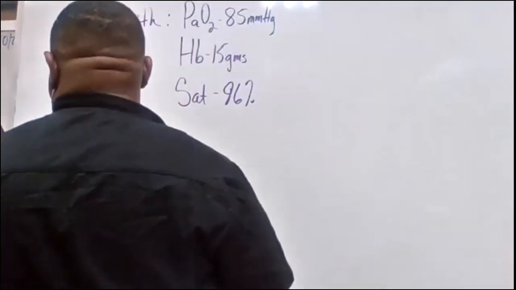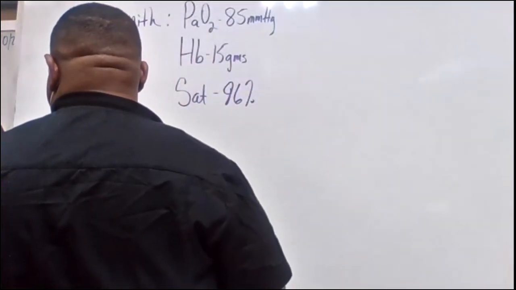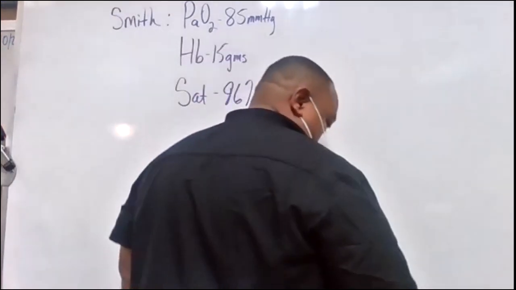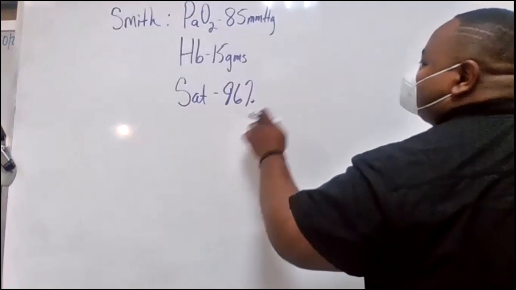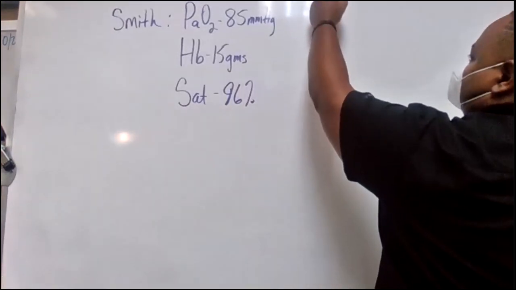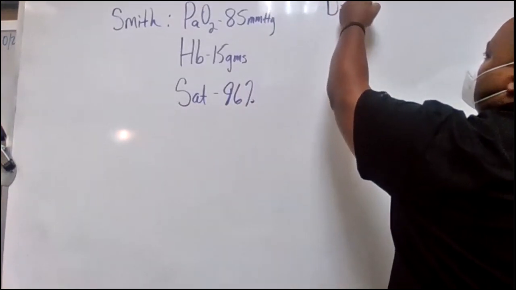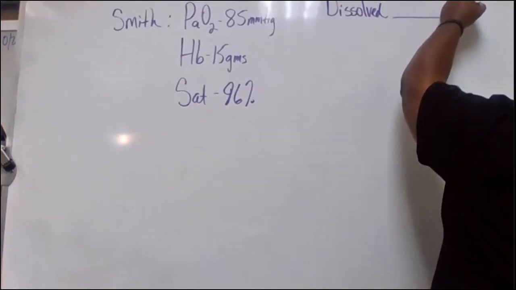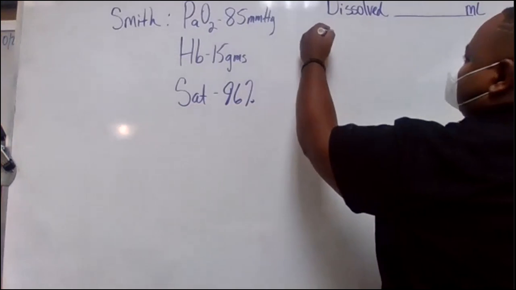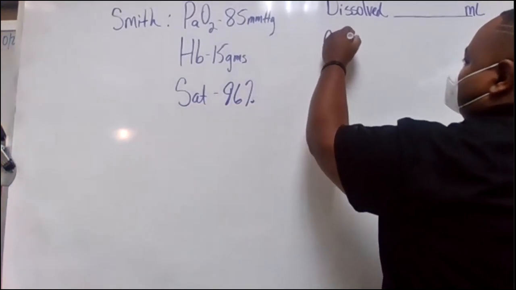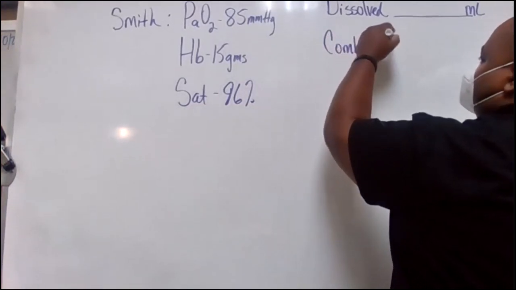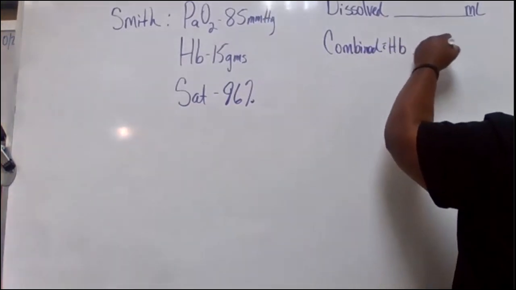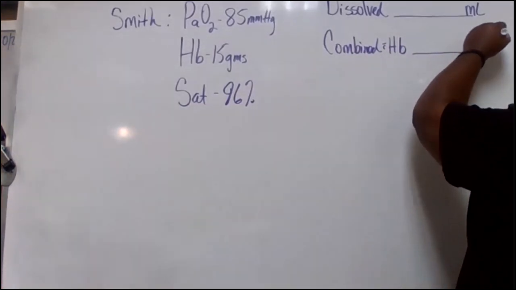Okay, so I want to know how much oxygen is dissolved in plasma, which is in mLs. How much is combined with hemoglobin, and that is in volumes percent.